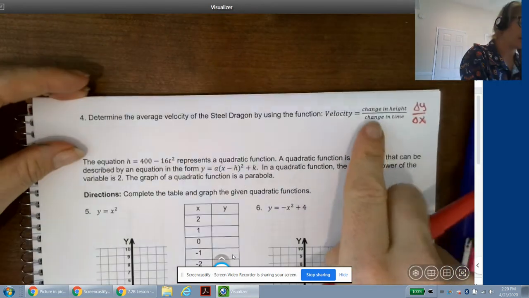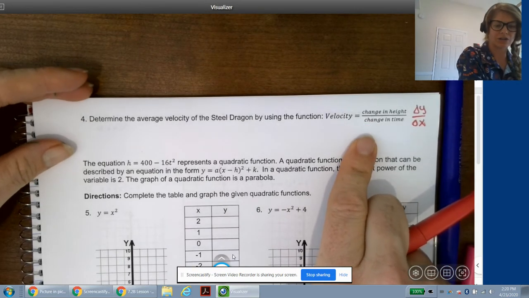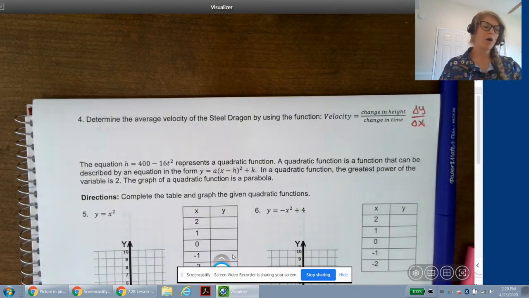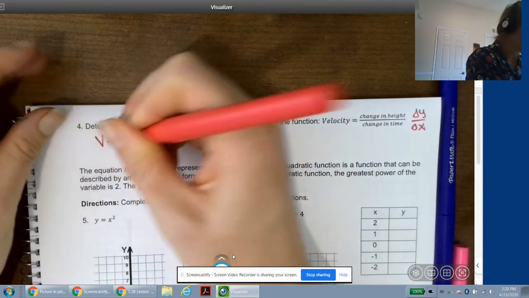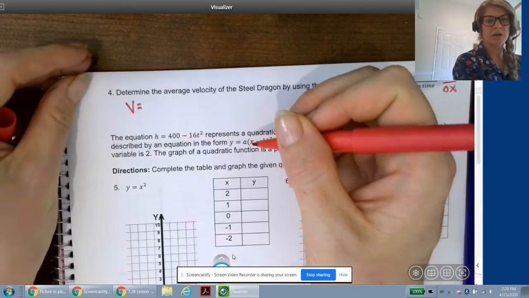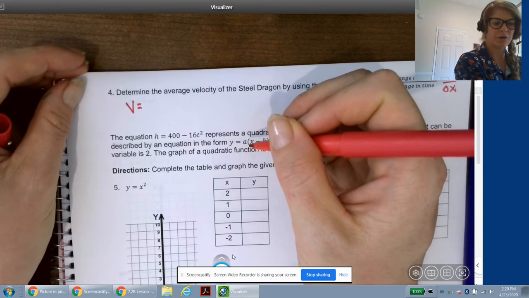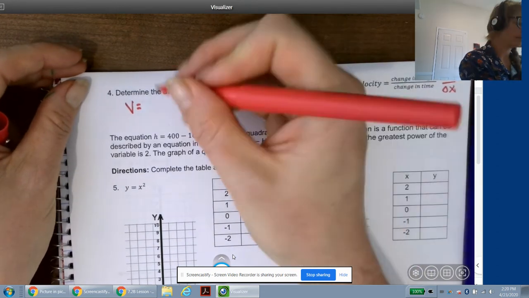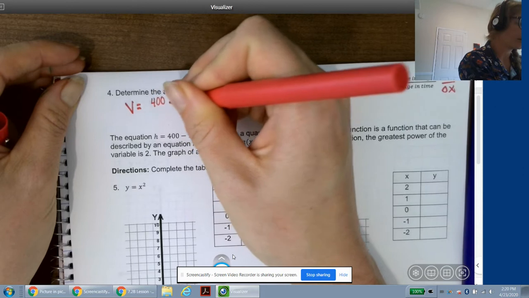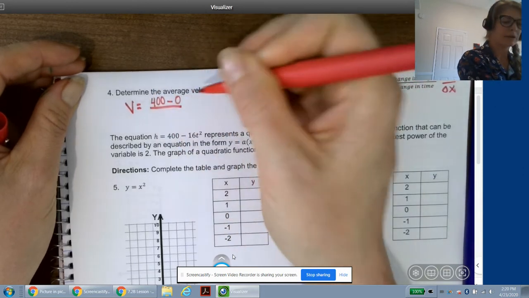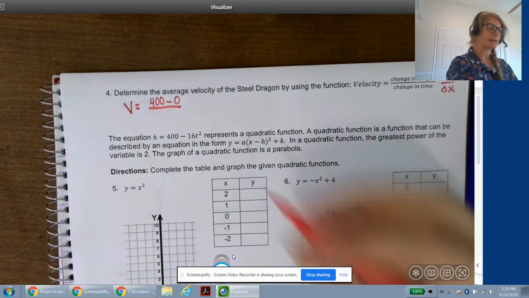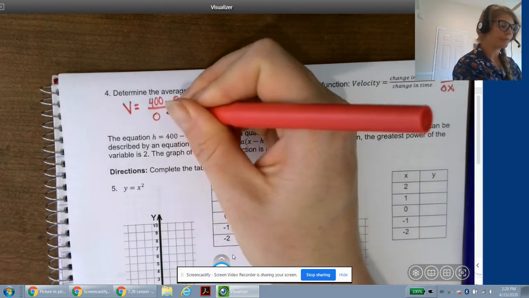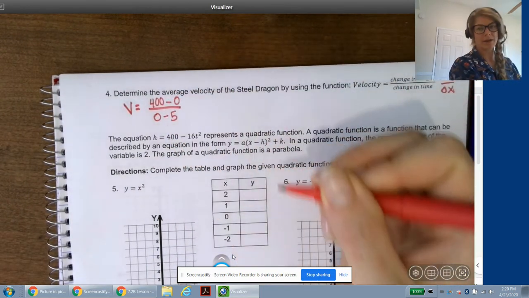So what we're going to do here is find the change in height over change in time. To find the velocity, we take initial minus final. Our change in height, we started at 400 and we went all the way to 0. And then our change in time, we started at 0 seconds and we went all the way to 5 seconds.